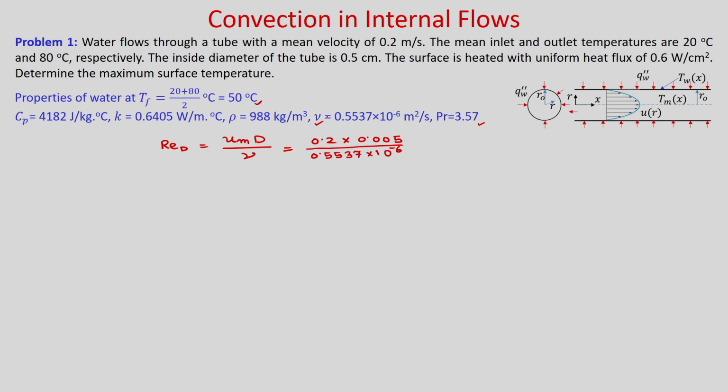So, this is the nu. So, if you calculate it will come as 1806, and as the Reynolds number is less than 2300, the flow is laminar.